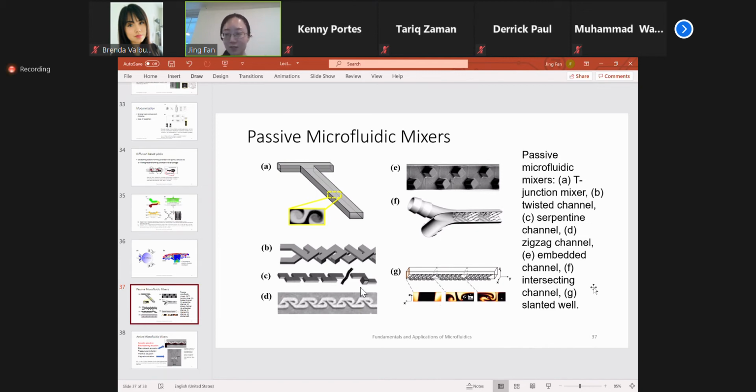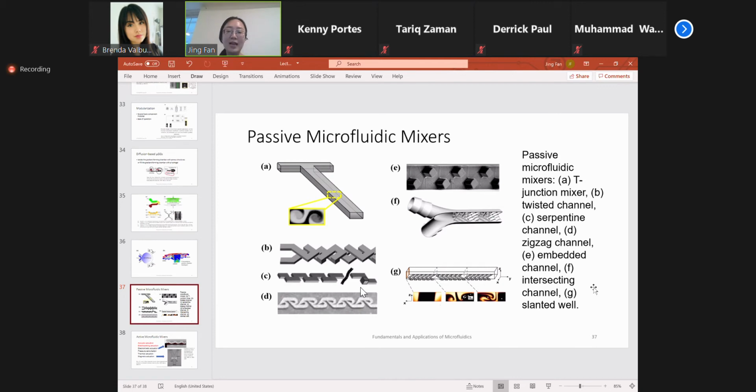Basically, you just need the pump to pump the fluid through. That's the only energy required. They're also relatively easy to operate, so they are ideal for many applications, especially for integration and miniaturization.